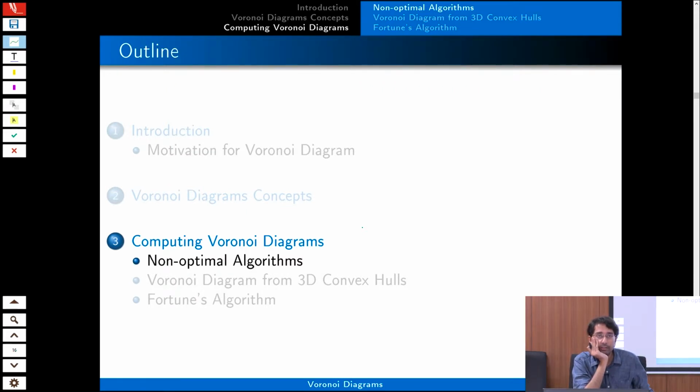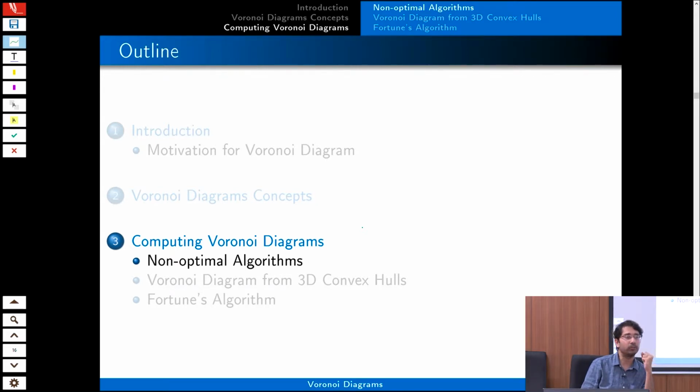So, let us quickly jump to our design of algorithms. Till now, whatever I have told you, let us try to find an algorithm by yourself.